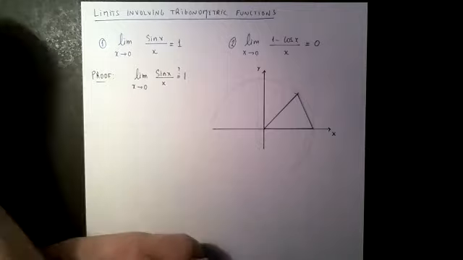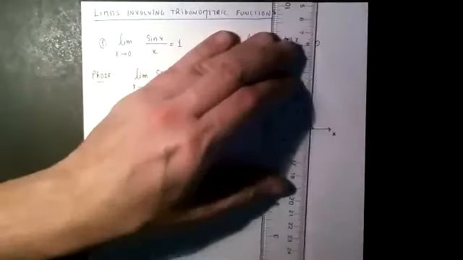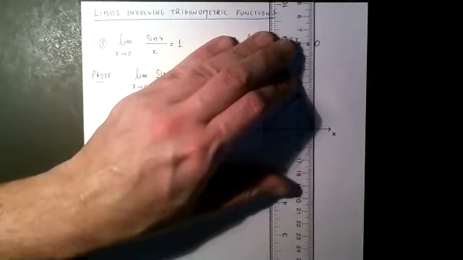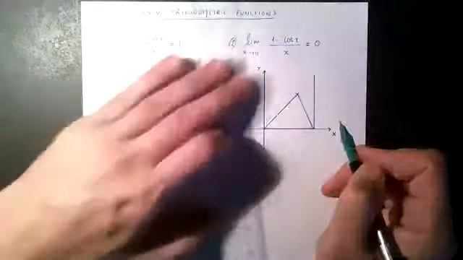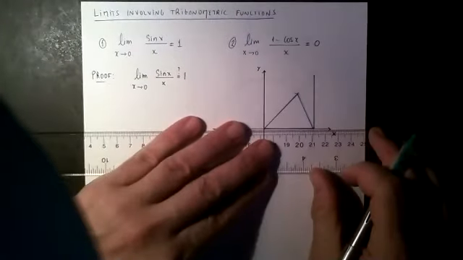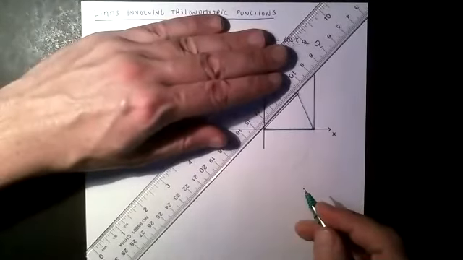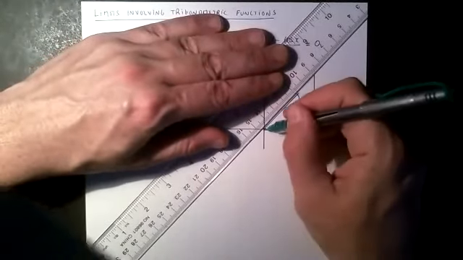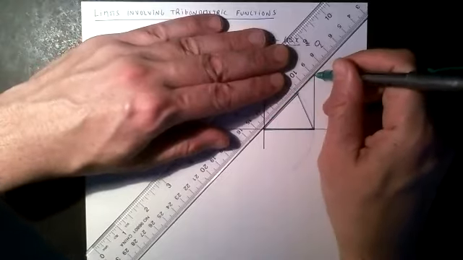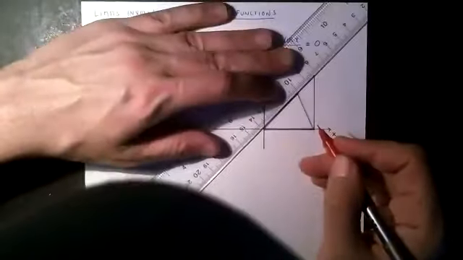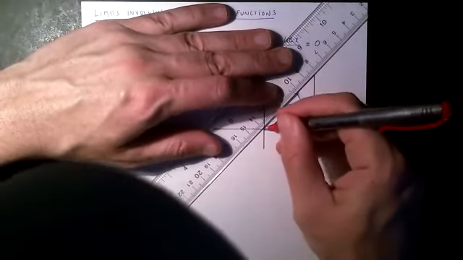Then the big triangle here, I'm going to put it in green. And the sector, which is exactly in between the two, I'm going to put it in red.